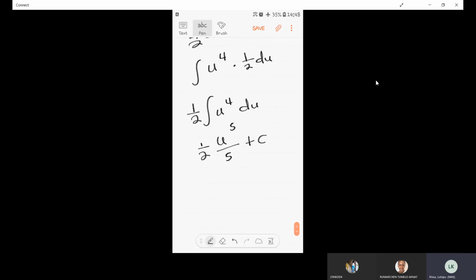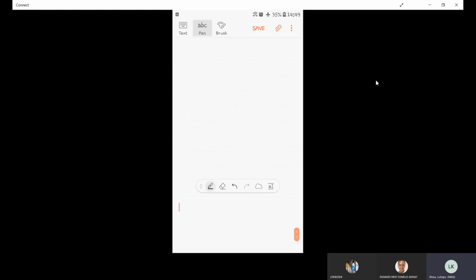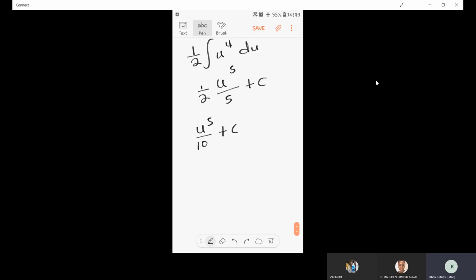This is u to the power of 5 over 10 plus c, which is equal to x squared plus 1 to the power of 5 over 10 plus c.